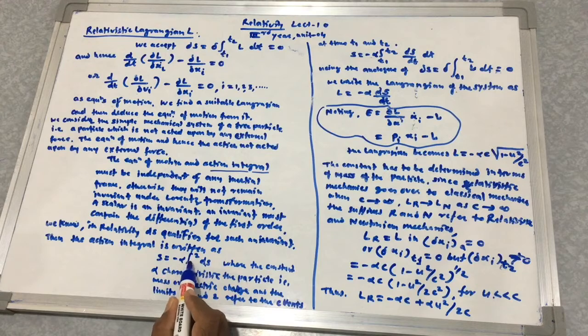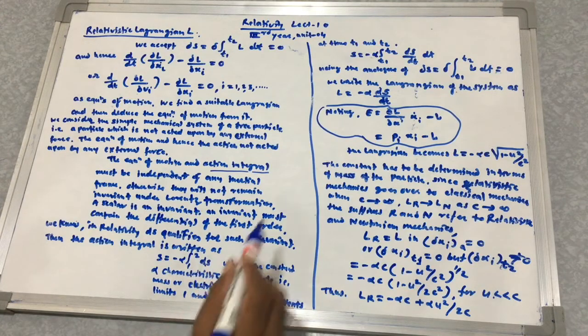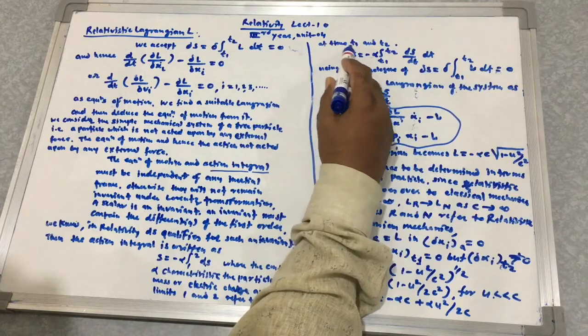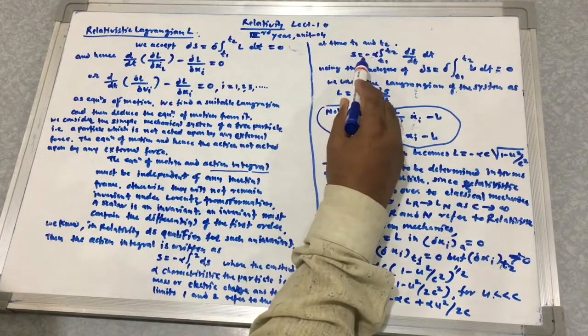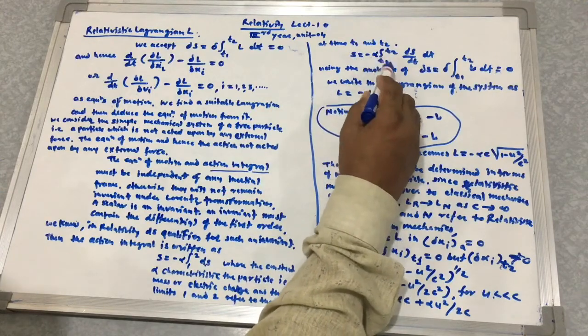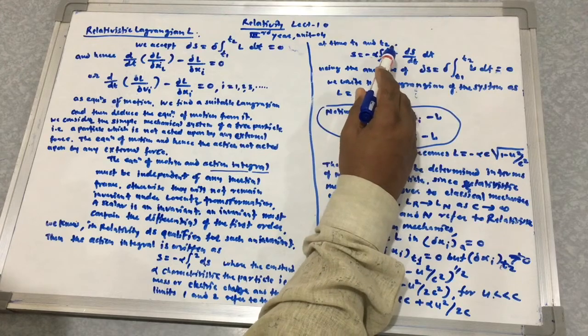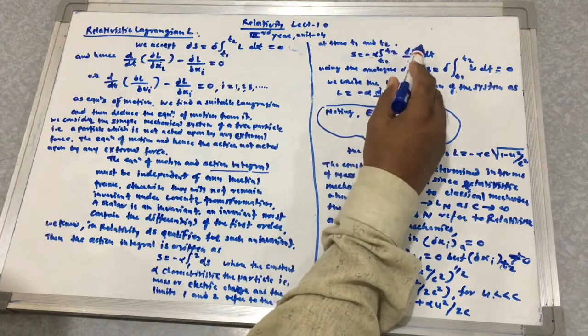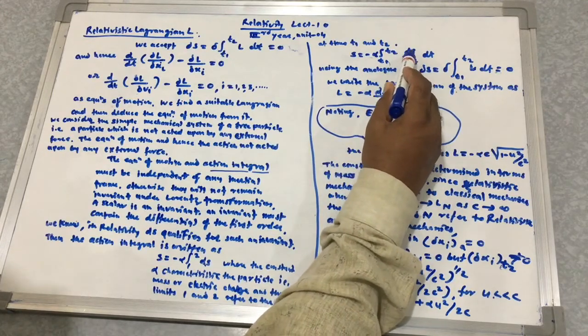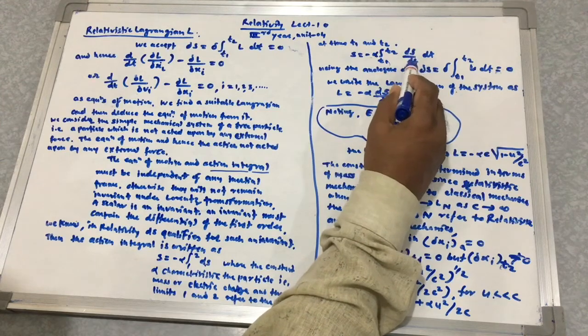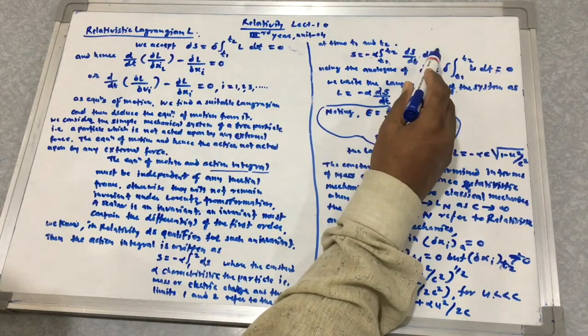Here we have taken times t1 and t2. S is equal to minus alpha integral from t1 to t2 of ds upon dt into dt.